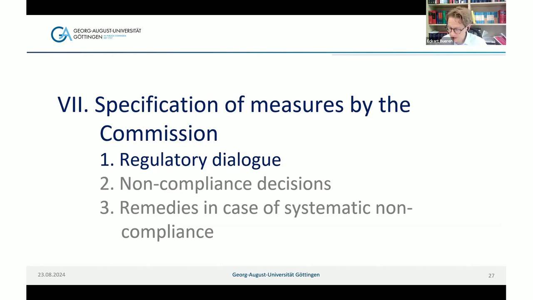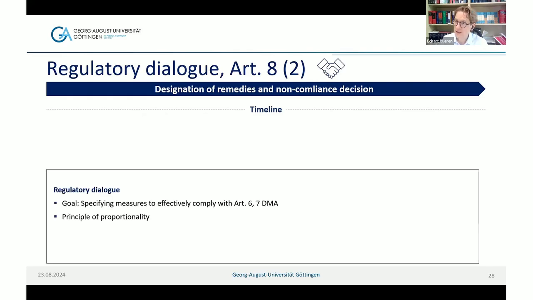And in the administrative proceedings that precede this decision, the gatekeepers can argue on the basis of individual circumstances, and we believe that the Commission must take these arguments into account because of the principle of proportionality. So the Commission, of course, is allowed to fully make the gatekeeper compliant, but it is not allowed to ask the gatekeeper for measures that are not strictly necessary to achieve this result.